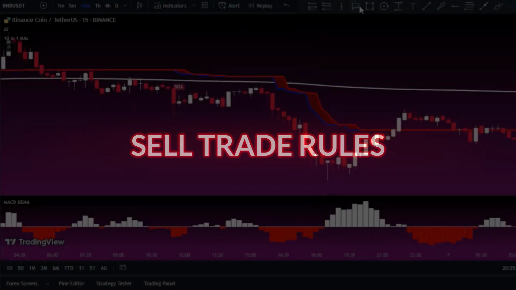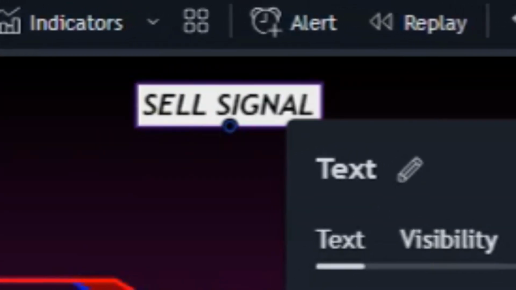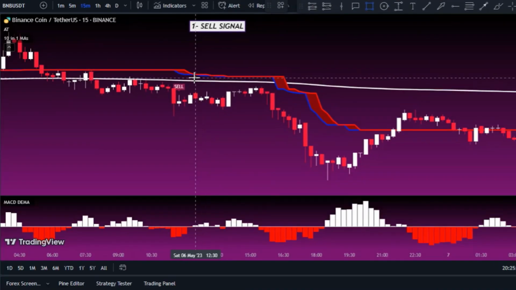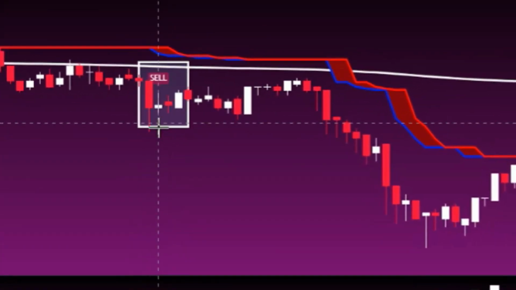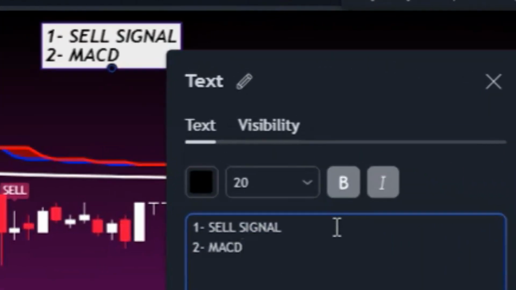The sell trade rules are essentially the opposite of the buy trade rules. To enter a sell, we first need a sell signal. The MACD-EMA indicator has to be red and below 0.